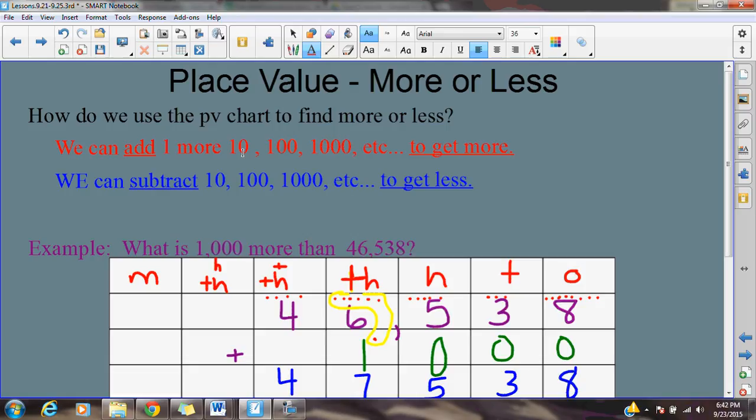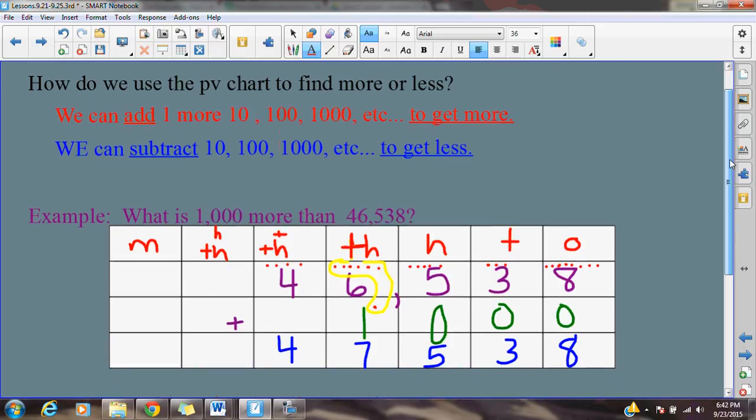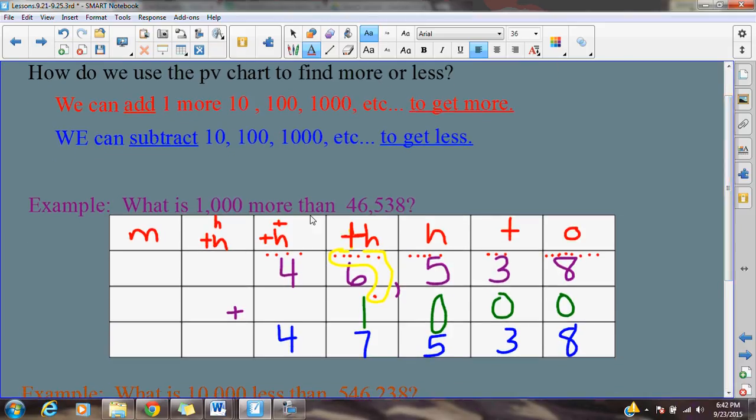Now, I didn't put it in an addition problem, but I put it in a sentence. What is 1,000 more than 46,538? If I want to know what 1,000 more is, then I can use place discs. So that's what I kind of did along with the digits. I filled this number into my place value chart, starting with the ones: 8, then 3, then 5, then 6, then 4.